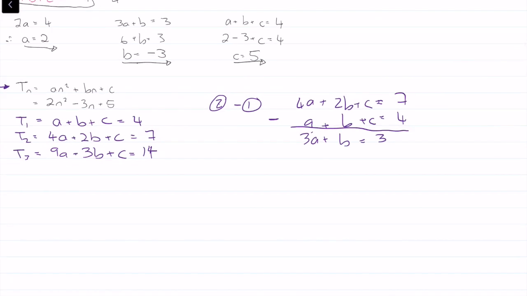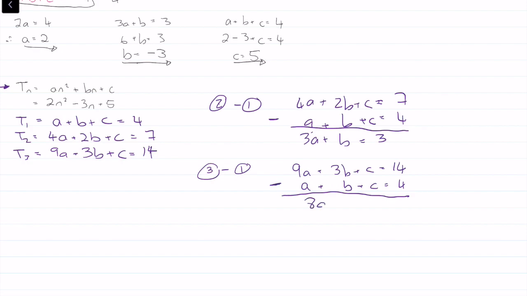Then I'm going to take equation 3 minus equation 1. Equation 3 is 9a plus 3b plus c is equal to 14, and I am going to minus from that a plus b plus c is equal to 4.